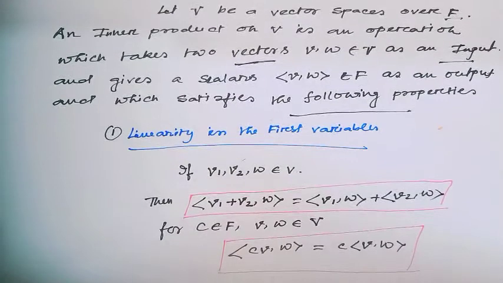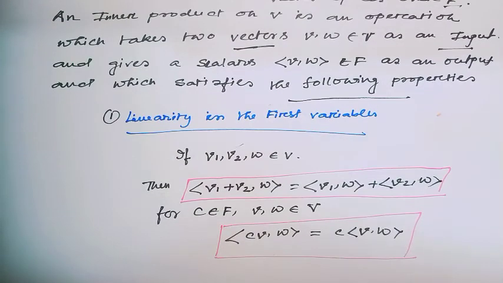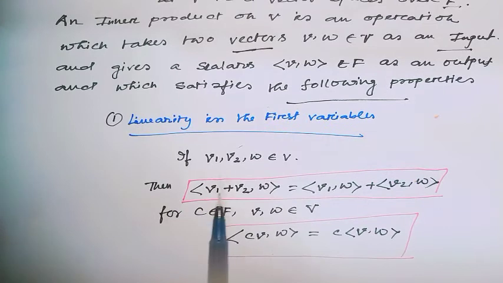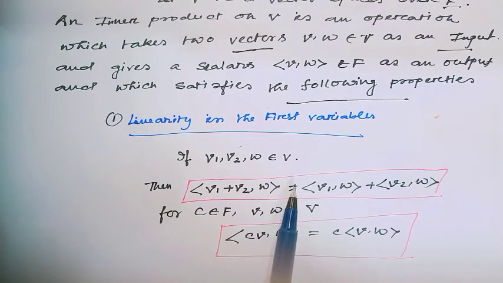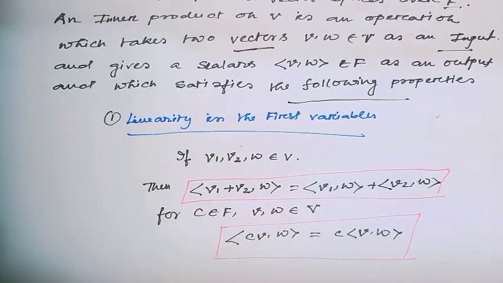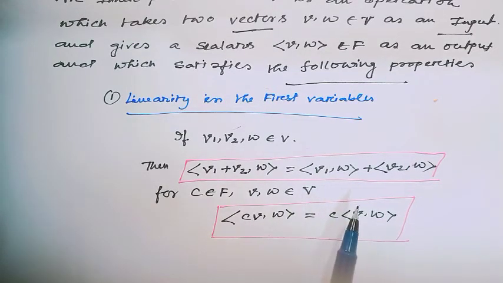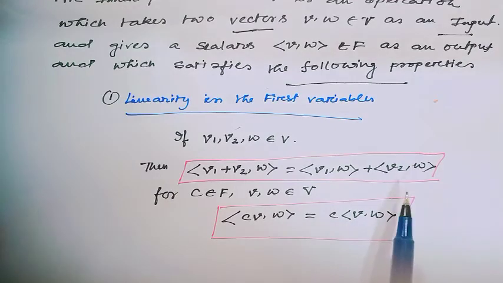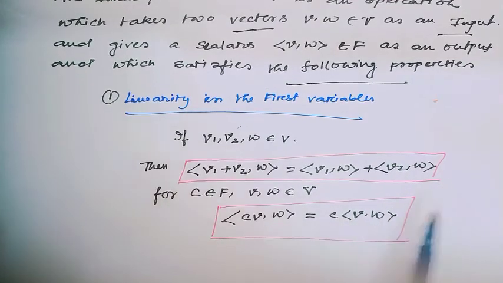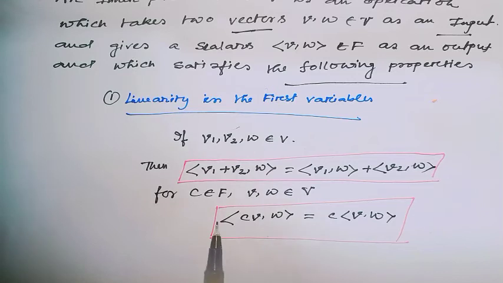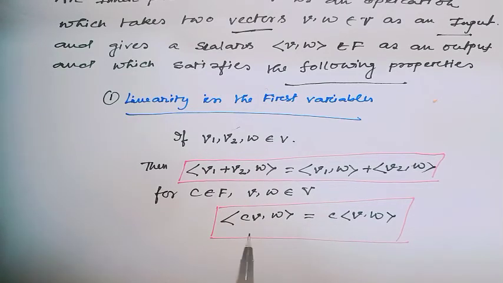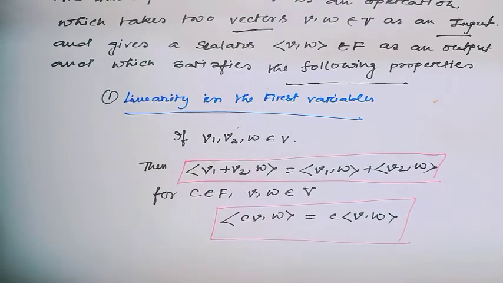Condition 1, linearity in the first variable. If v1, v2, w belong to the vector space V, then inner product of v1 plus v2 comma w equals inner product of v1 comma w plus inner product of v2 comma w, and for c belonging to F and v, w belonging to the vector space, inner product of cv comma w equals c times inner product of v and w.